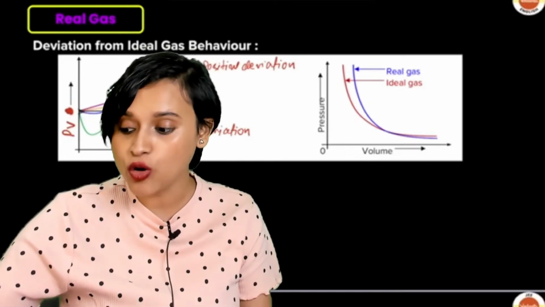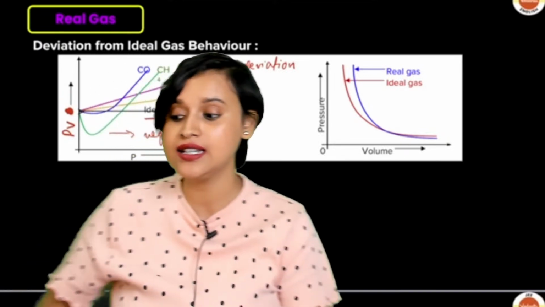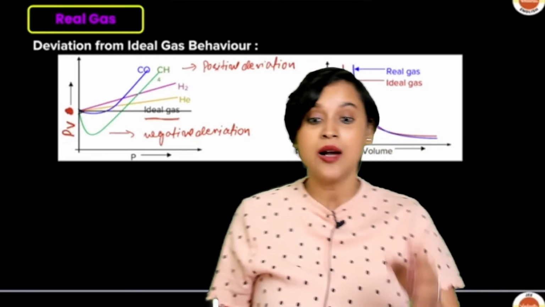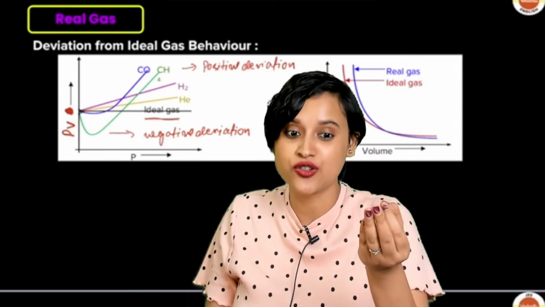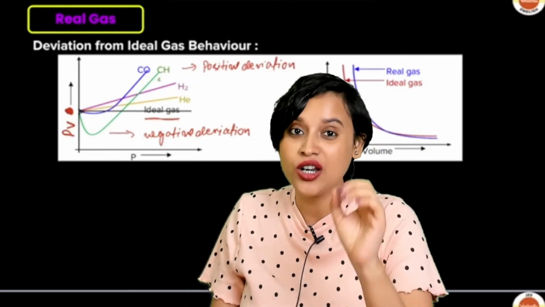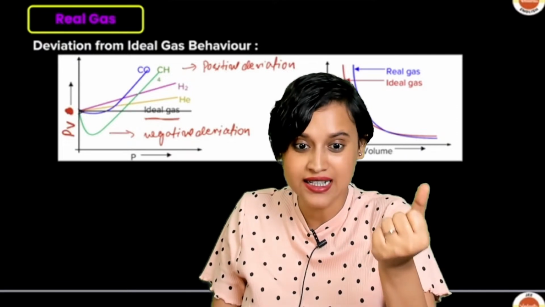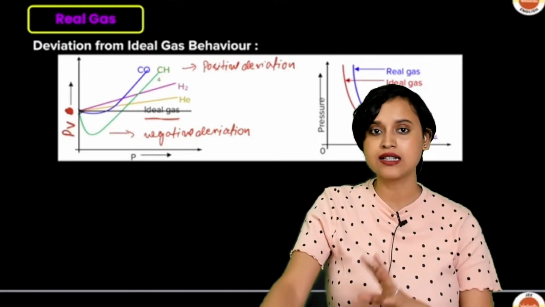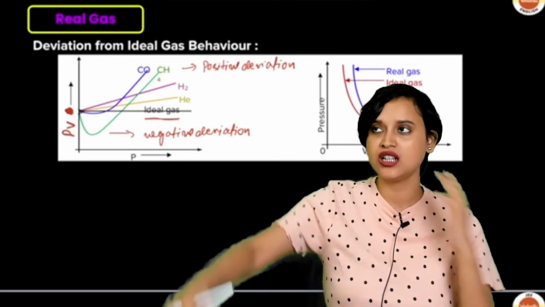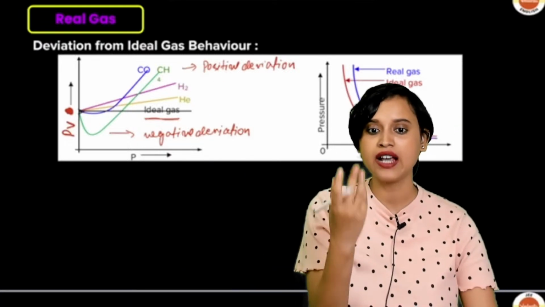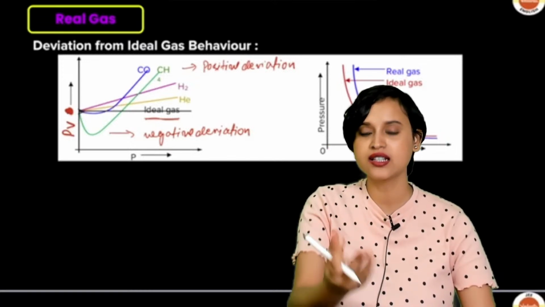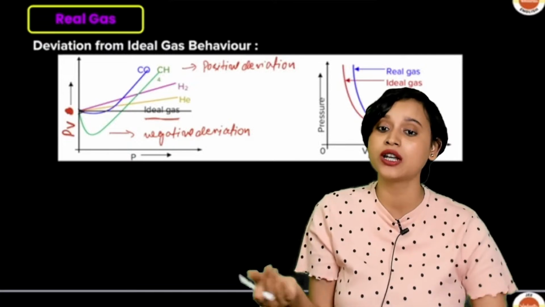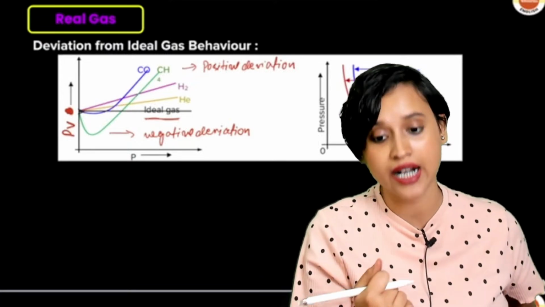And what were those mistakes? Molecular interactive forces do exist. And the particle sizes, you cannot say they are infinite. There is a finite size of particles. So this is the reason why positive and negative deviation arise.